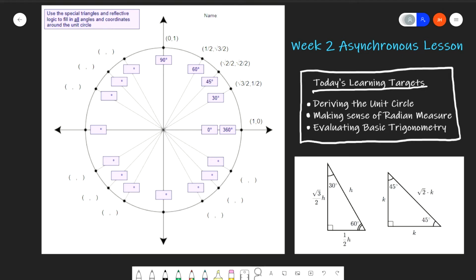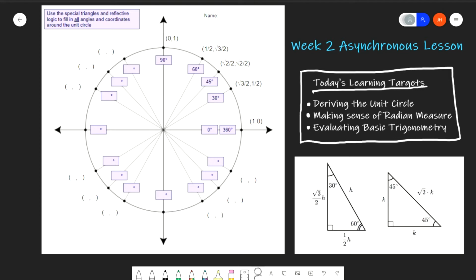We're going to make sense of what that is, where it comes in, and why it is relevant. And then finally, we're going to use this unit circle and our radian measurement, which will actually contribute to the unit circle, in evaluating some basic trigonometric functions, things that y'all might remember from geometry like sine, cosine, and tangent.